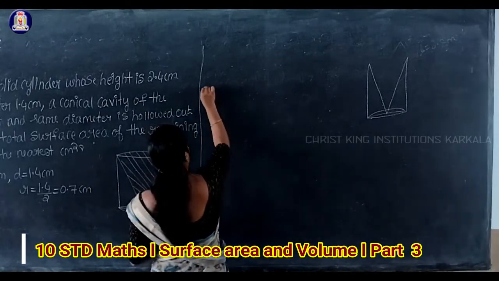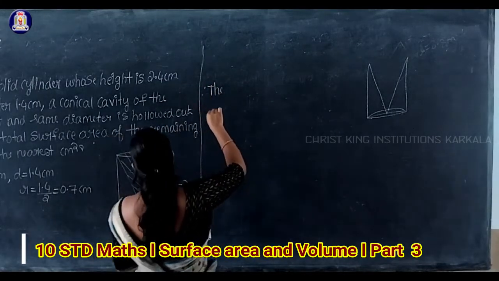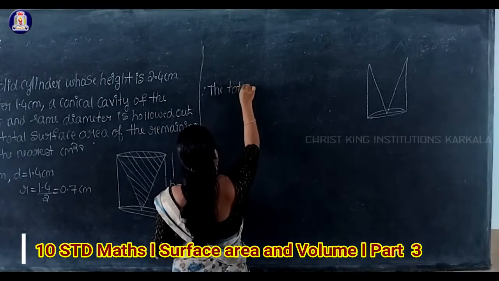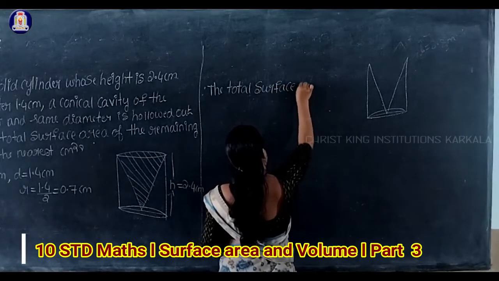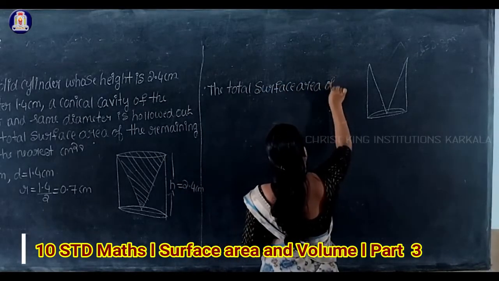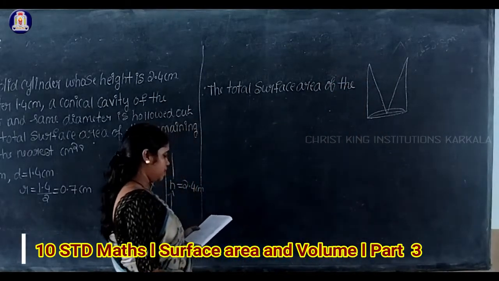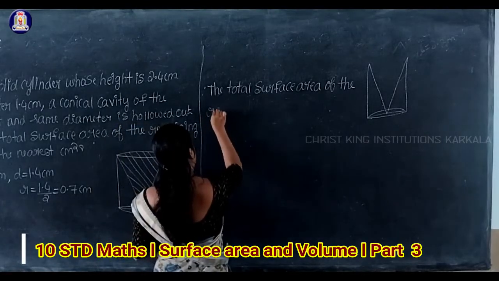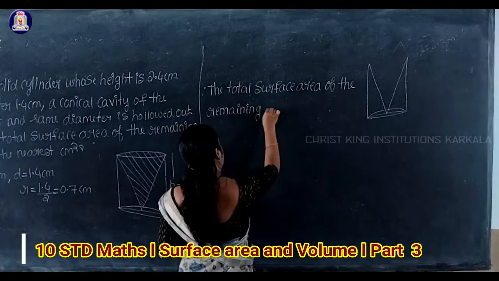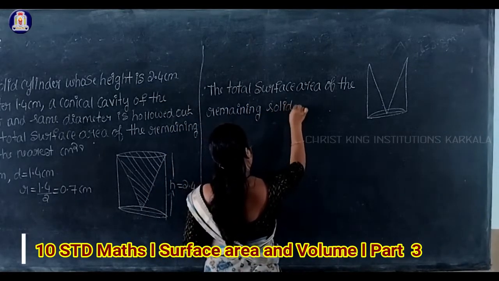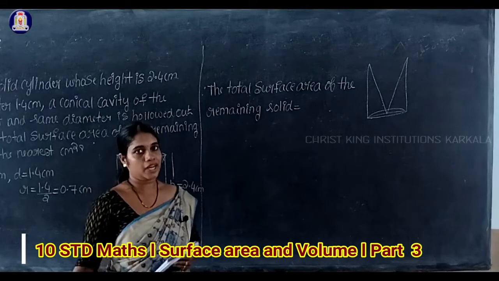So therefore, the total surface area of the remaining solid is given by, how to calculate?